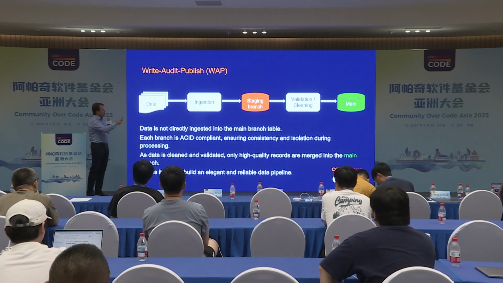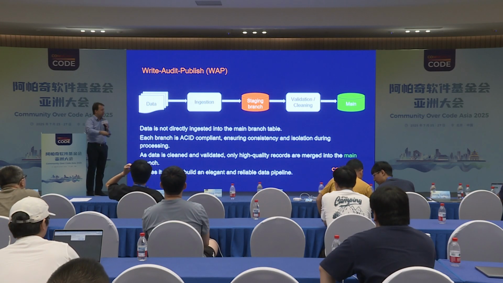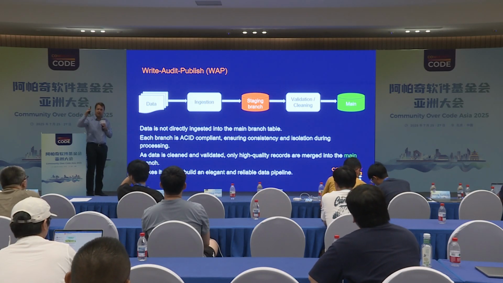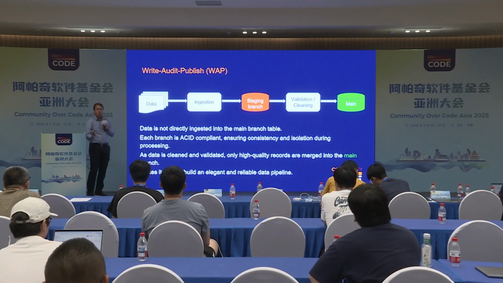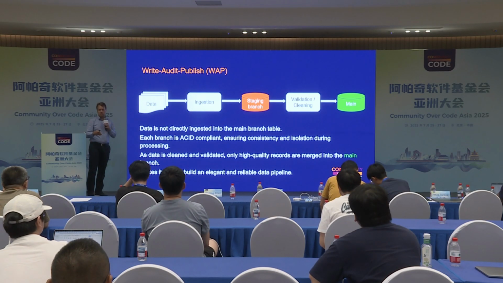With these types of things, let's say I have a customer table, I'm going to create a branch from it, let's say the staging branch. You are inserting or modifying immediately into your staging branch. And when it is done, merging back to your target branch, which could also be the customer one or something else.